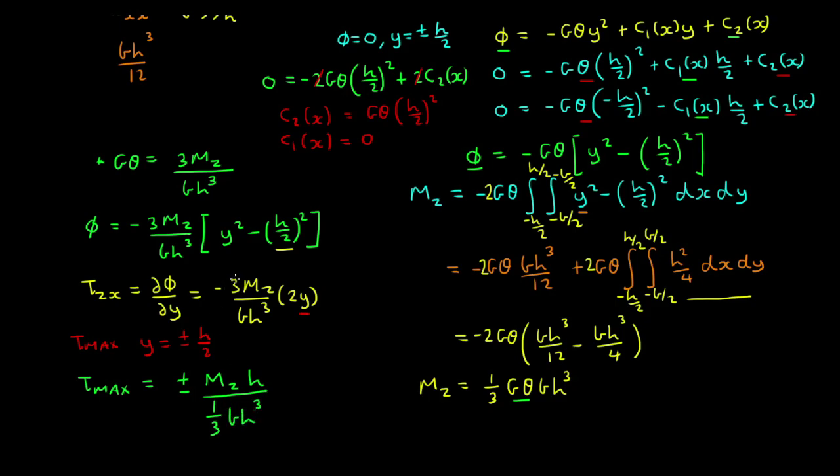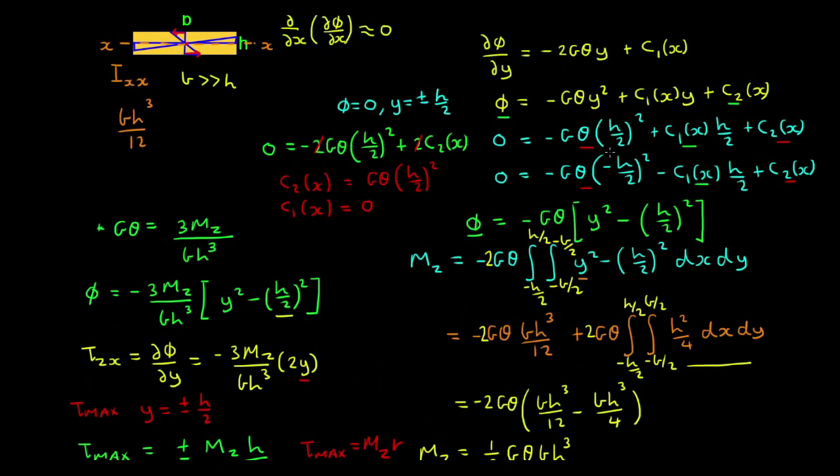So this is the same thing as putting 3 in the numerator. And if we compare this with the torsion formula, where tau max was the torque by the radius of the section on the polar moment of inertia, then we can say that this here is our equivalent polar moment of inertia for our rectangular section.